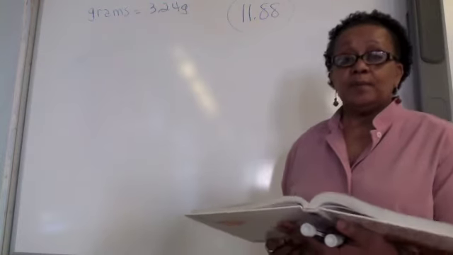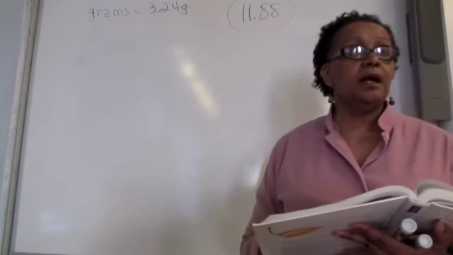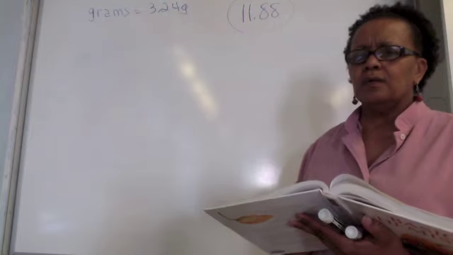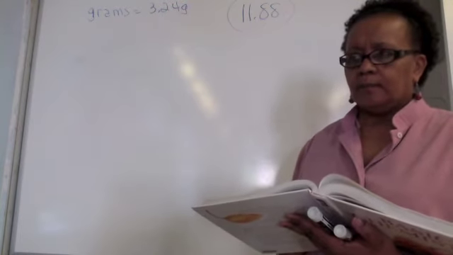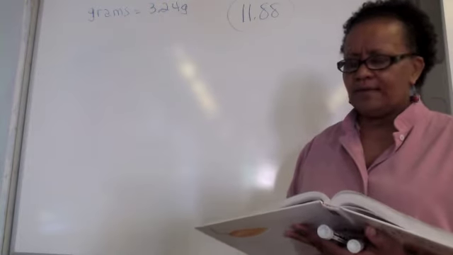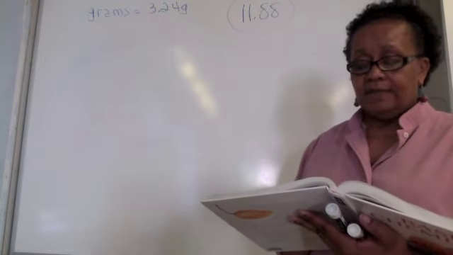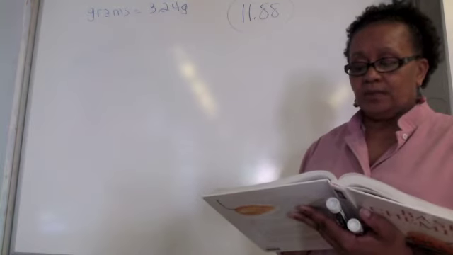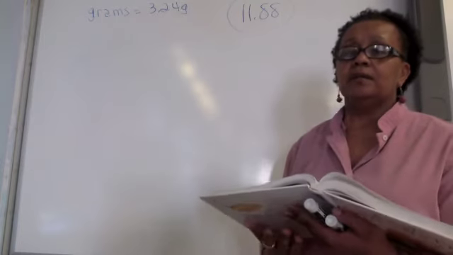Now, if you want a little bit more challenging problem, let's look at Part B. Part B brings in a review of what we've already gone over a little bit, and that would be the empirical formulas from the chapter concerning moles. I can't remember offhand what chapter that is. But it says, in continuing, if the unknown gas is composed of 2.78 grams of carbon and the rest is hydrogen, what's the molecular formula?